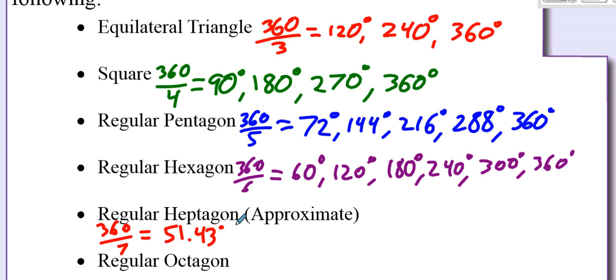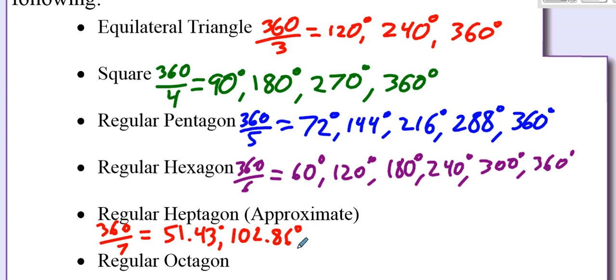Add that on again, you get 102.86 if you round it.